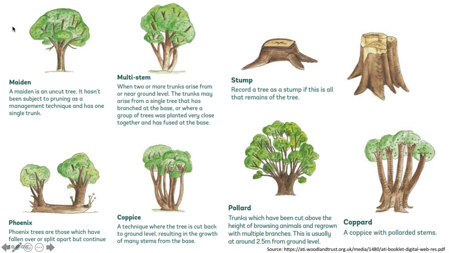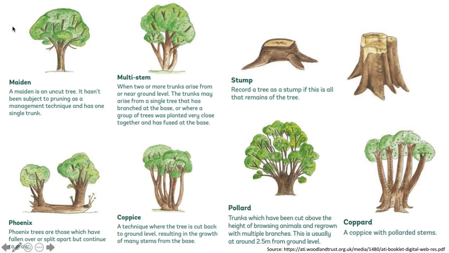Next, I've got a couple of examples of stumps, and these can also be called stools. Records of these are just as important because it was evidence that a tree was there, and especially if the stump is of considerable size, then you could infer that there was an ancient tree there, but this is all that remains.